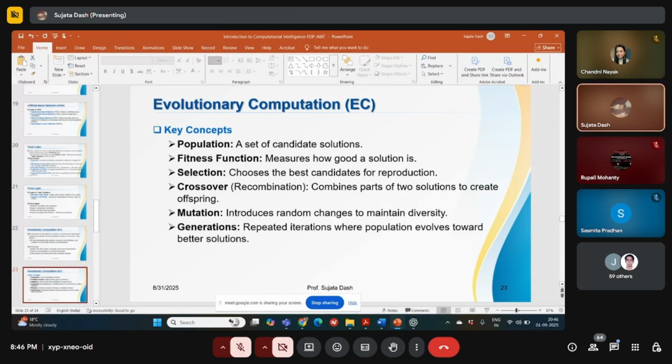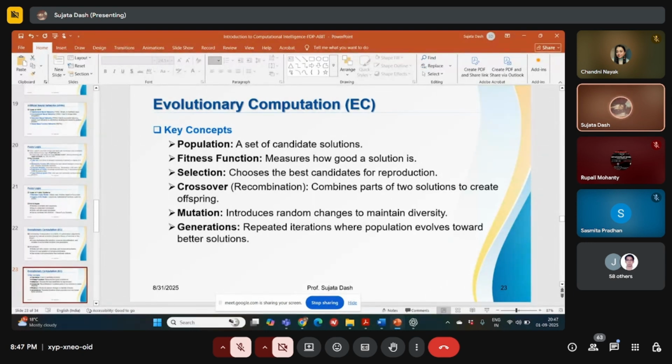Then, genetic operators. Under genetic operators, selection will come. Selection chooses the best solutions for reproduction. Then crossover, or recombination, is another genetic operator. It combines parts of two or more solutions to create a new solution. Then mutation is another operator.